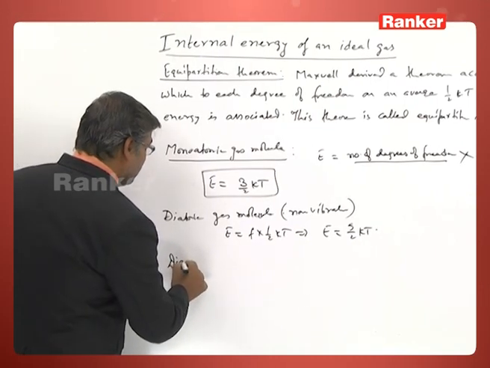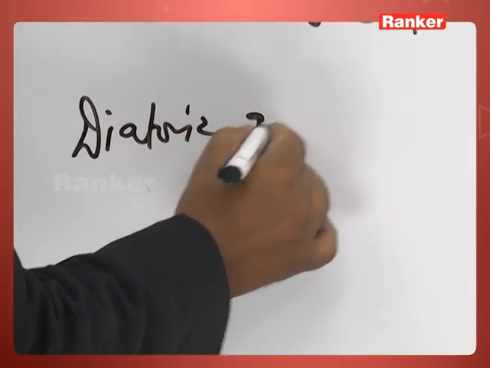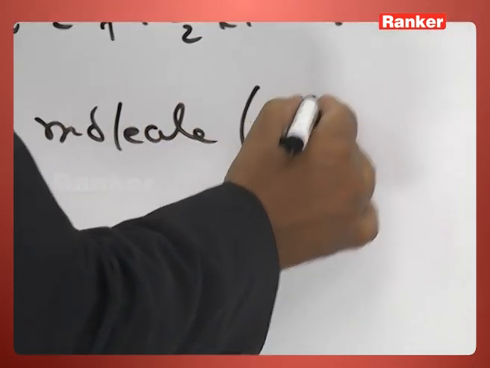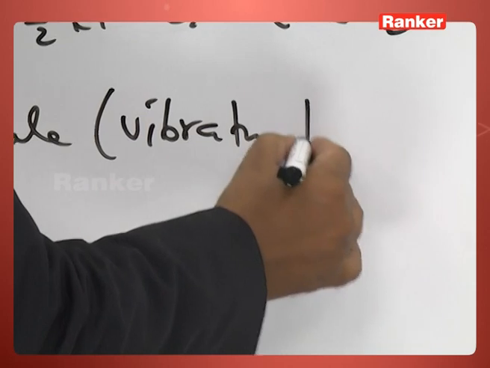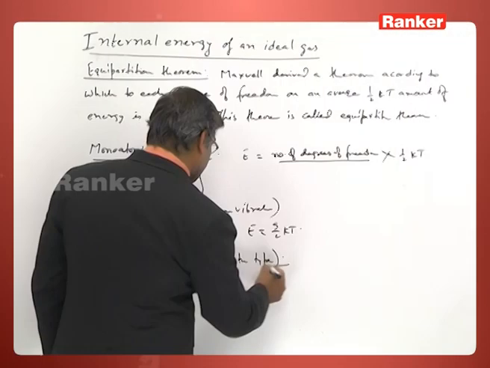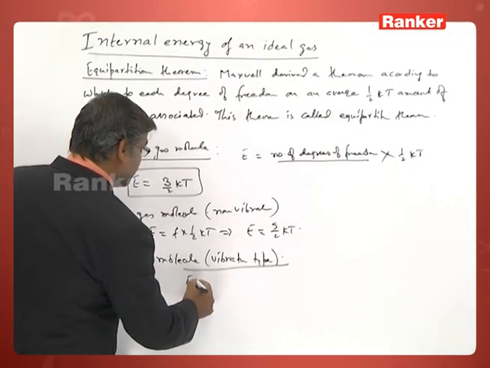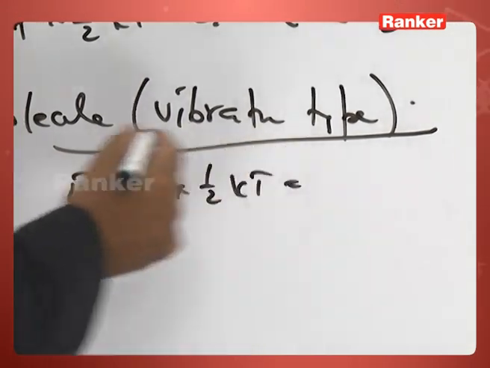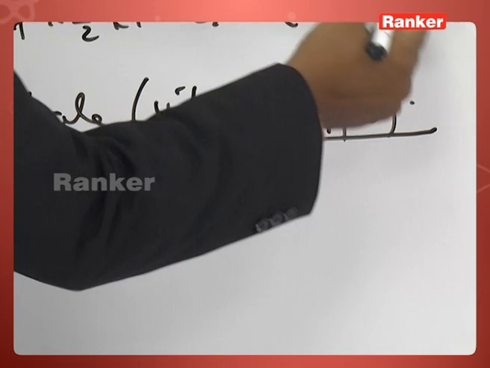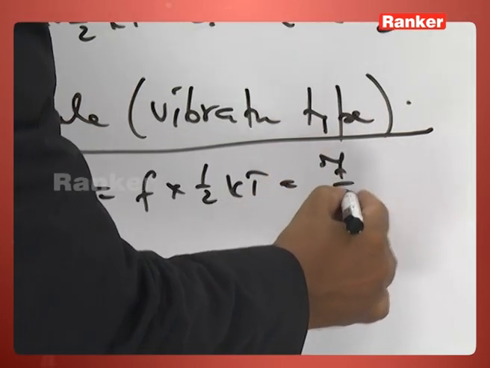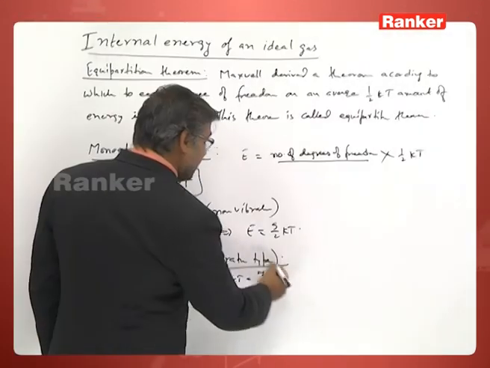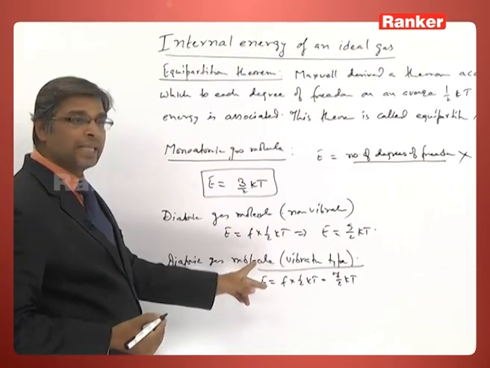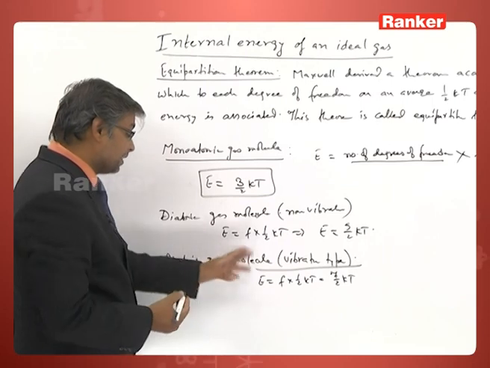For a diatomic gas molecule of vibration type, where at higher temperature I can take vibration, this E will be F into half kT, that is here 5 plus 2 more, that is 7 by 2. We have 7 by 2 kT energy associated with a diatomic gas molecule at a higher temperature.